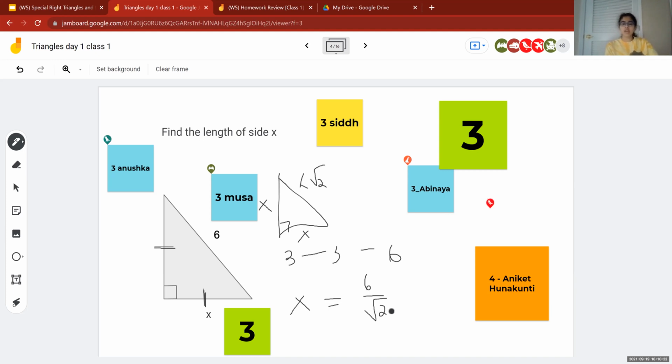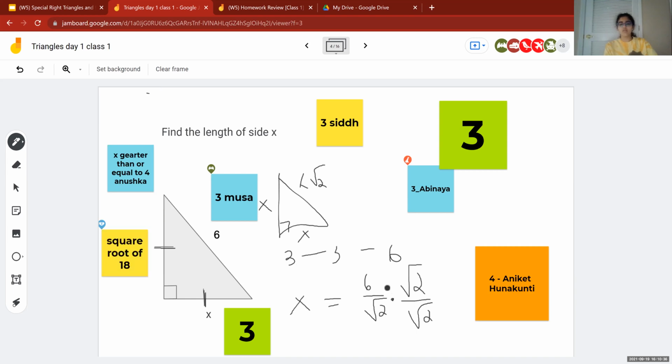So you multiply both the numerator and denominator by radical 2, where radical 2 over radical 2 is 1. Then you get 6 radical 2 over 2, and you divide the 6 by that 2, and you get 3 radical 2 as your answer, which, yes, is the square root of 18, which you say right here.